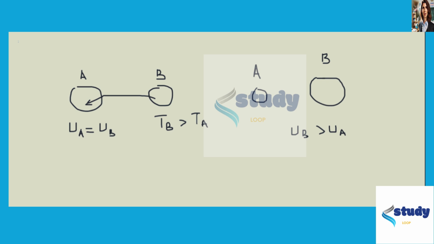Now this object B is greater than object A. Now, let's say the temperature of object A is represented by TA and the temperature of object B is represented by TB.